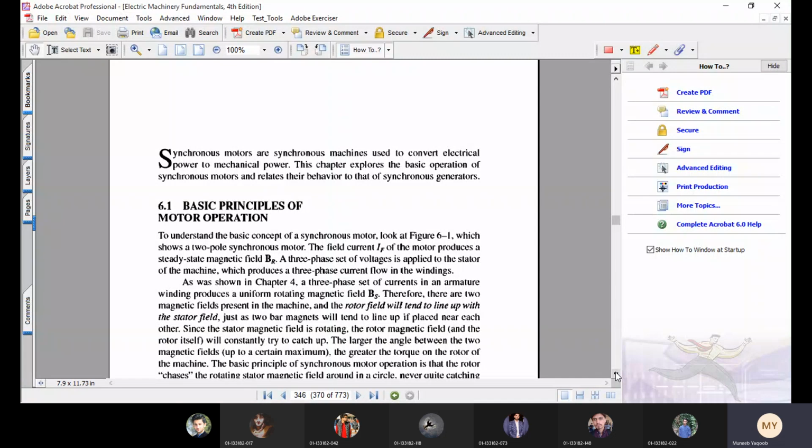The stator's magnetic field BS rotates about the rotor, while the rotor's magnetic field BR is due to a DC power supply, so it is stationary, constant, and uniform.